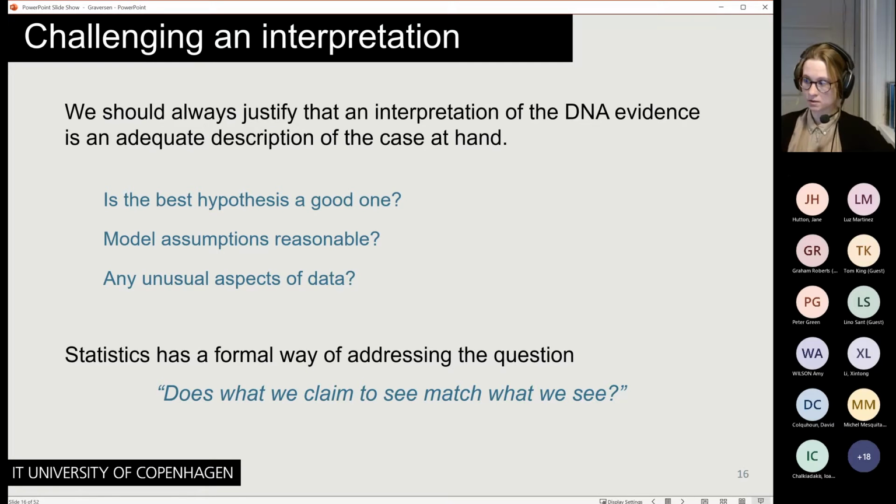We might say that for H1 the likelihood ratio is more than 1 billion, so H1 is much better than H2, but that doesn't mean that H1 is good in the first place. If the proposition doesn't support their actual presence, then it doesn't matter that it's better than an even worse proposition.